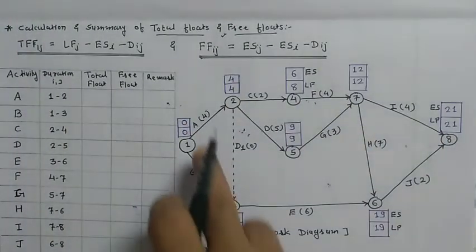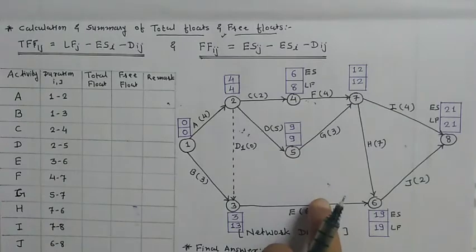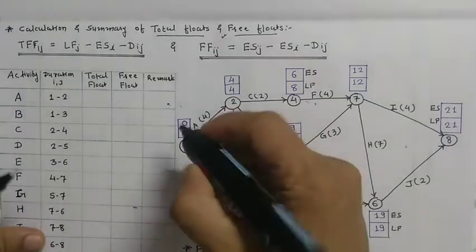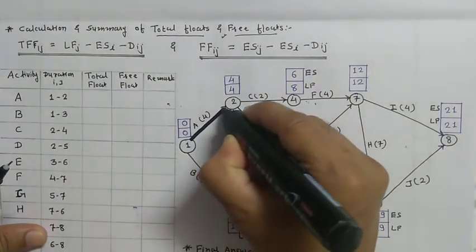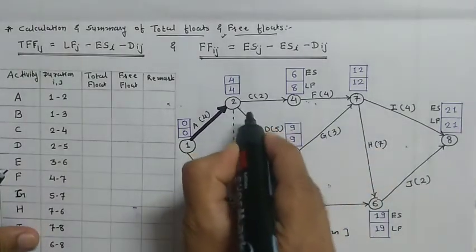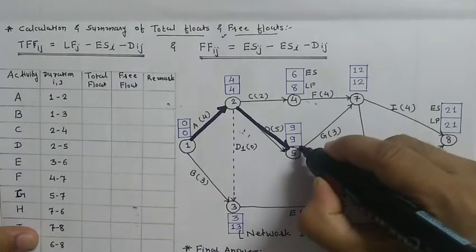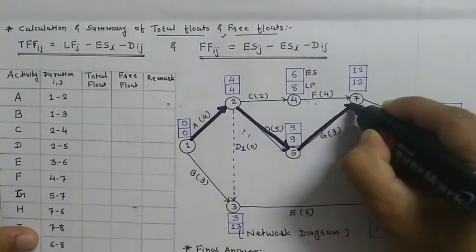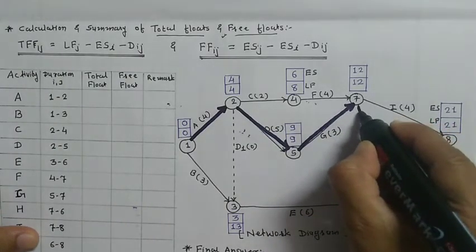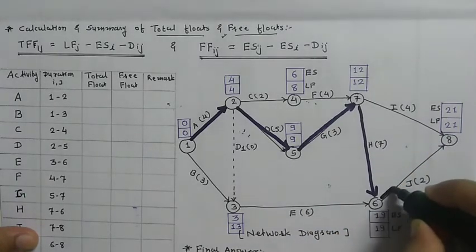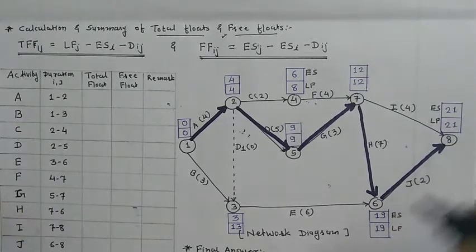And here this is our network diagram, and as we know, the critical path is A, D, G, H and I. This is our critical path.